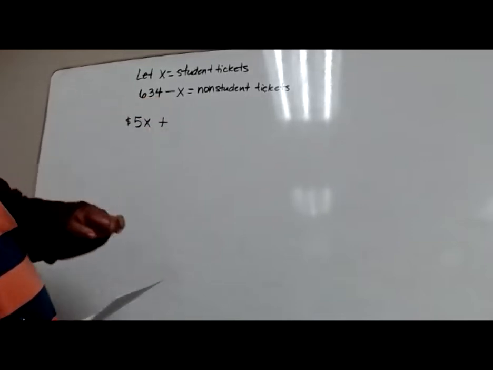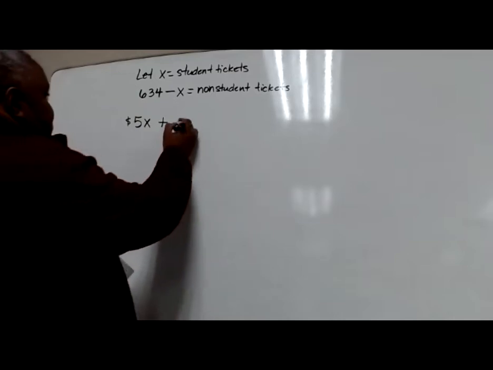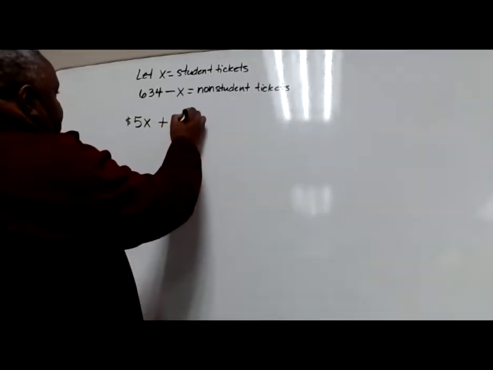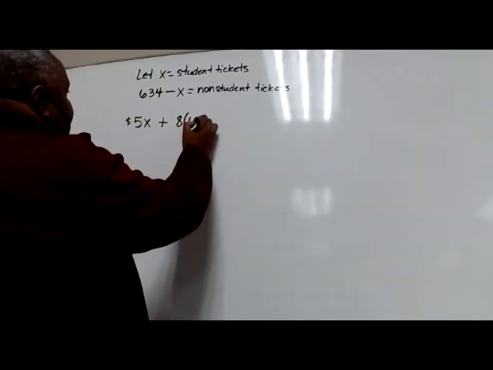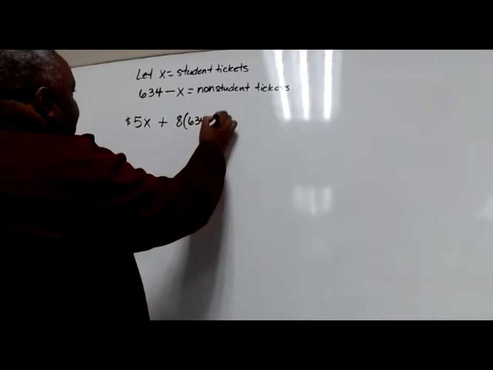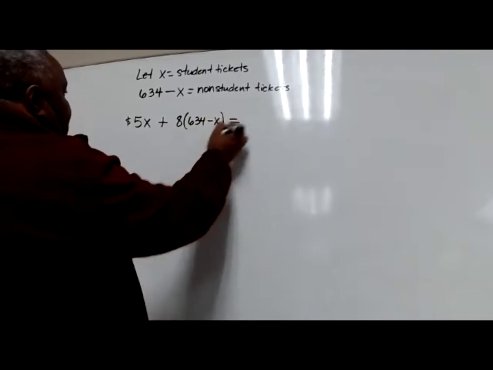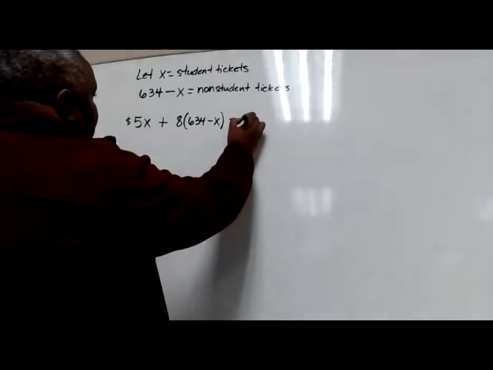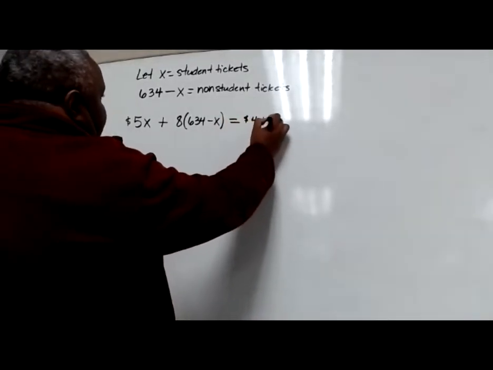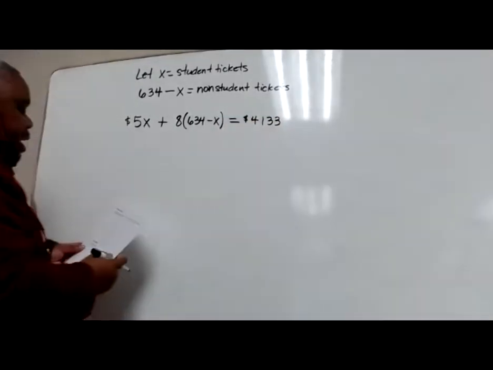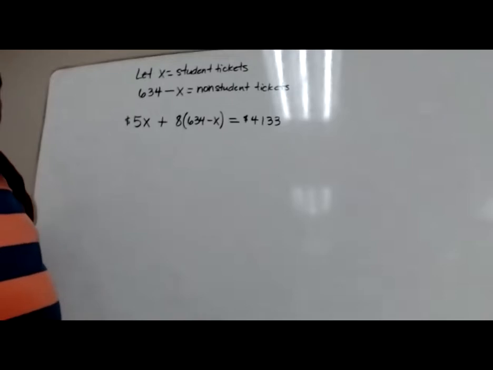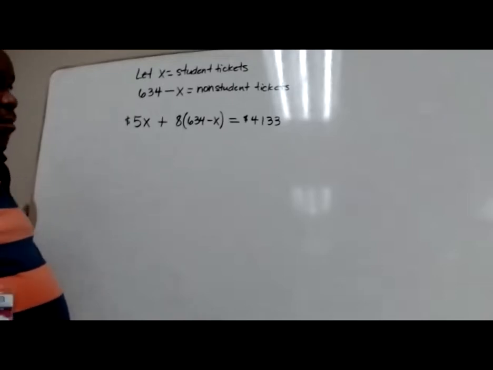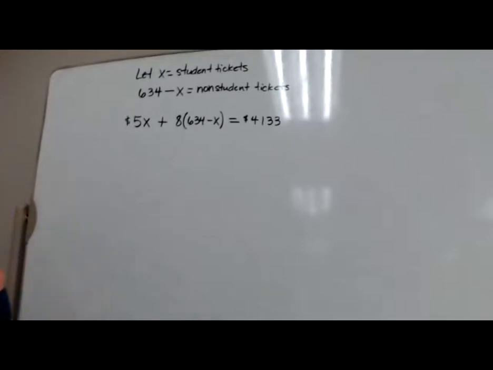That needs to be multiplied by the cost of a non-student ticket. That's $8. So it'll be 8 times, in parentheses, 634 minus X. And that's going to give me a total cost of $4,133. So here's our equation.